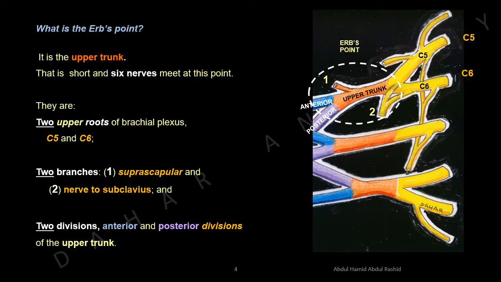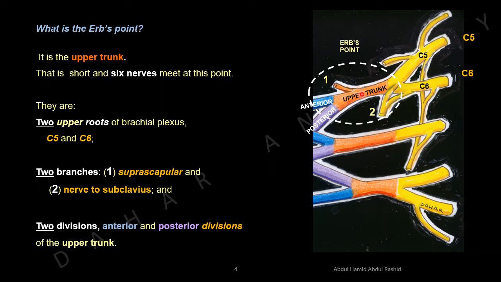Erb's point. What is Erb's point? It is the upper trunk of the brachial plexus. It is short, where 6 nerves meet at this point. What are the 6 nerves? 2 roots you see here, anterior rami of cervical 5 and cervical 6, unite to form the upper trunk, which splits into anterior and posterior divisions, and upper trunk gives 2 nerves, that is number 1 suprascapular nerve and number 2 nerve to subclavius.